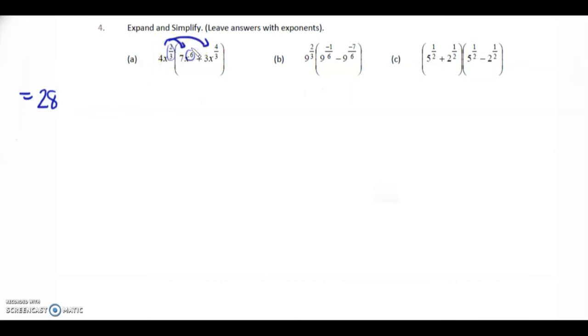And I'm just using the fraction button on my calculator, so I get 20 over 3. Okay, 28x to the 20 over 3. Then 4 times 3 is 12x, and I'm going to add 2/3 plus 4 over 3, and I get 2. And that's it. Okay, we can't add those two together because they're not like terms.